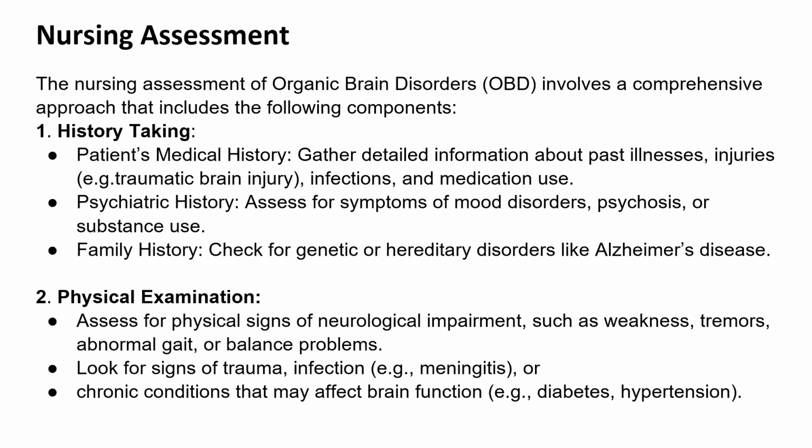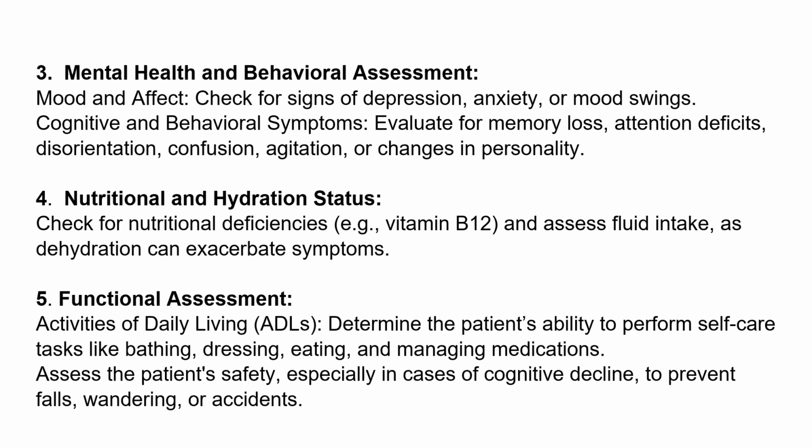Then in physical examination, other than vitals and everything, please put a good emphasis on neurological examination in this, especially sensory and motor examination. Look for signs of trauma, infection, look for any chronic conditions. Again, mental status examination and behavioral assessment. What do you see in mental status examination?